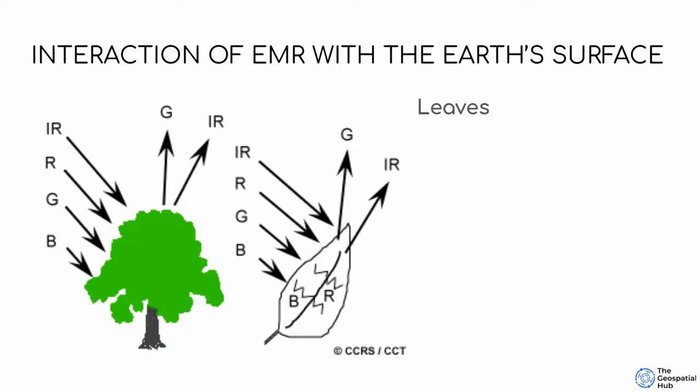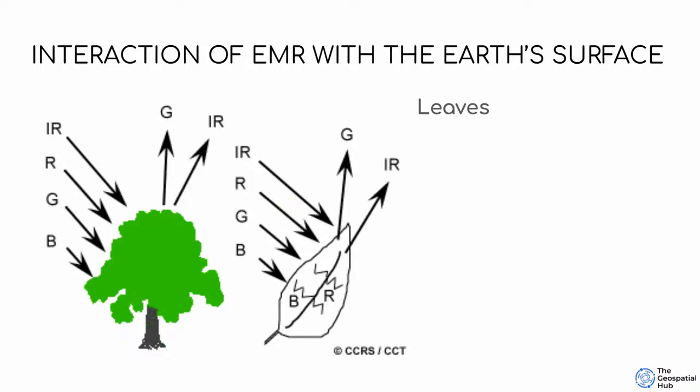We can use it to determine vegetation health. So that was part of the application we spoke about in week 1, talking about NDVI, the normalized difference vegetation index. These are the basics, so to say.